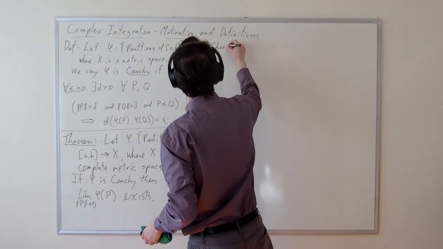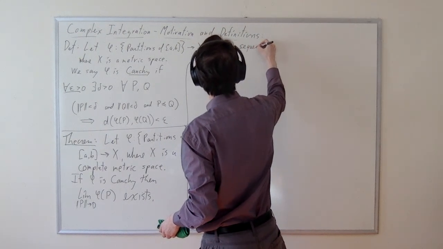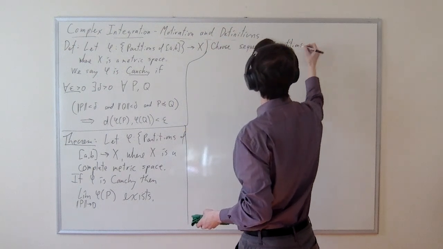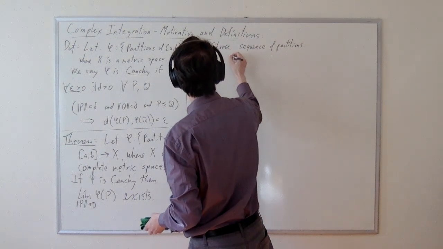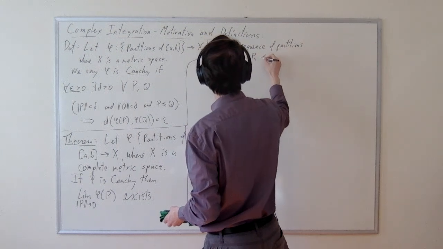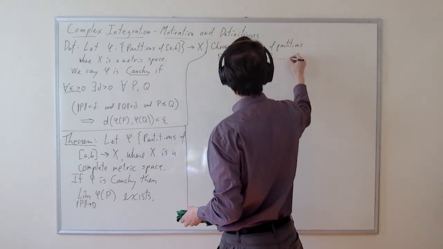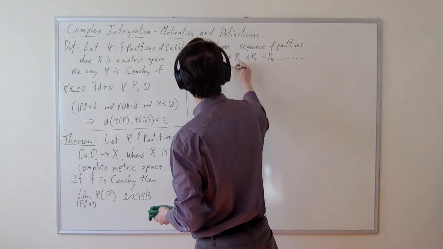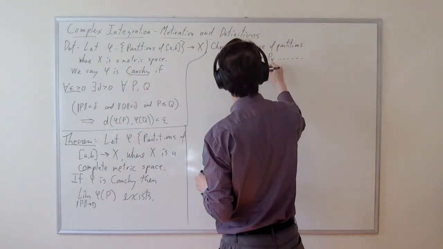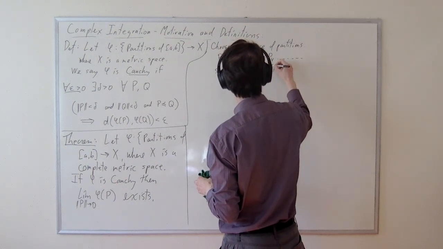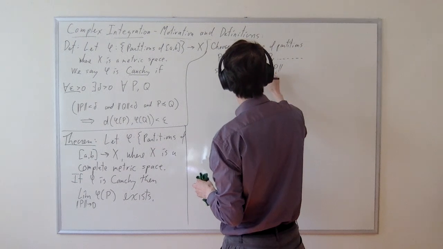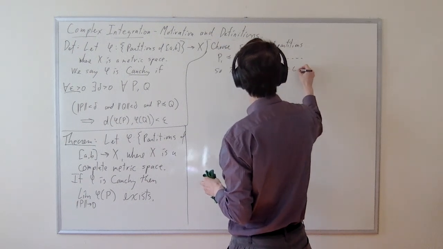So let's, first of all, choose a sequence of partitions. So P1 refined by P2, refined by P3, and we're going to continue refining these things, etc., so that the limit of the norms of these partitions, as i goes to infinity, is actually equal to 0.